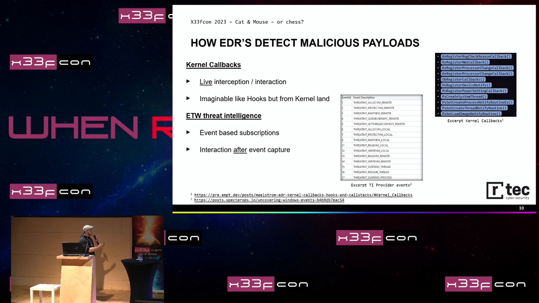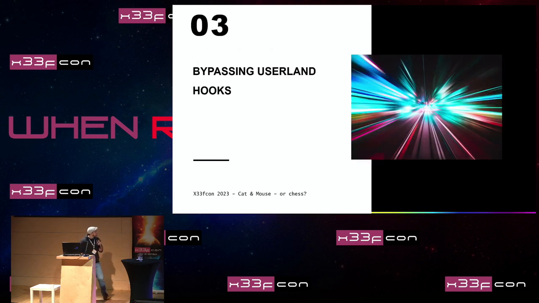And they can then interact after this specific event has been captured. So this is not live compared to kernel callbacks, but the analysis is done afterwards. Then they could check, for example, the stack trace afterwards to see if there is anything malicious, if there is unbacked memory, or do memory scans, or whatever else.